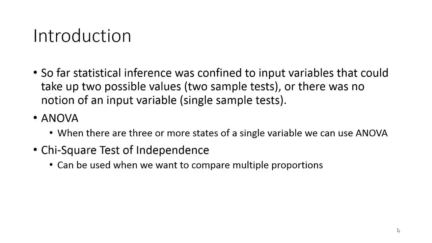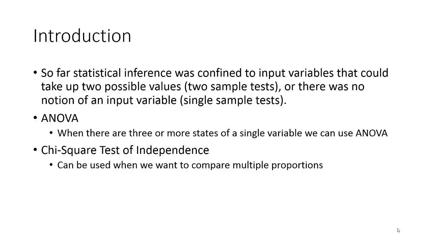If you were interested in seeing if the average height of a boy in 10th standard in public schools in India is equal to the average height of a girl, you can think of the output variable as height, and the input variable as gender. So you have two different sets of data and you're comparing them.